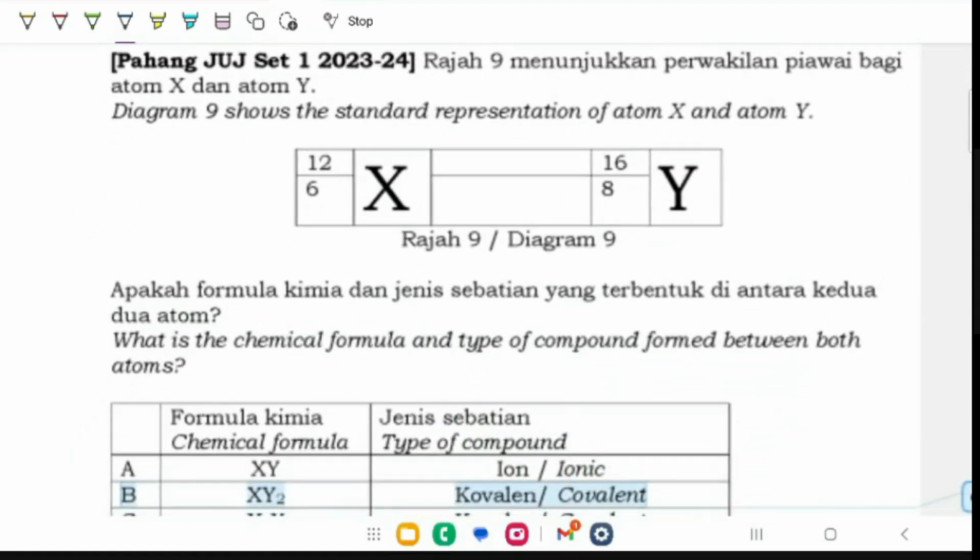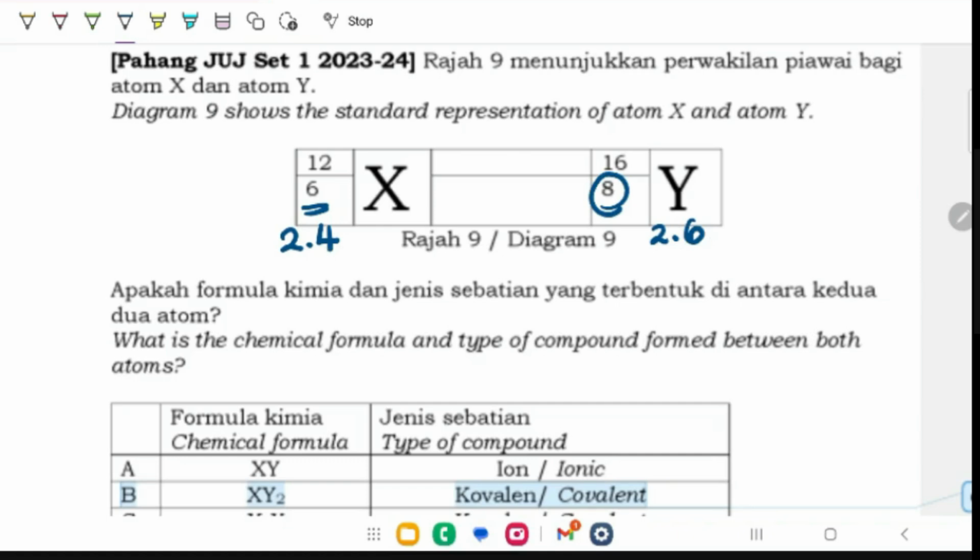Okay, now X and Y. To solve these questions, atom X and atom Y. Okay, so first we write out the electron arrangement. This one 6 should be 2, 4, right? Okay, how about this one? Y, 8 and 6. Okay, so 2, 4 and 2, 6.